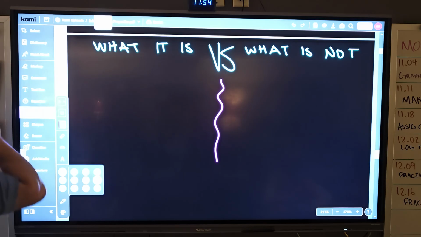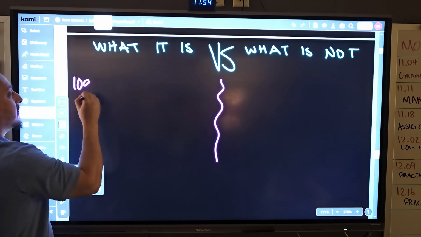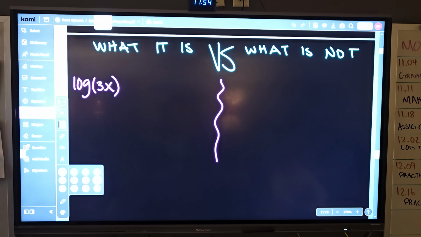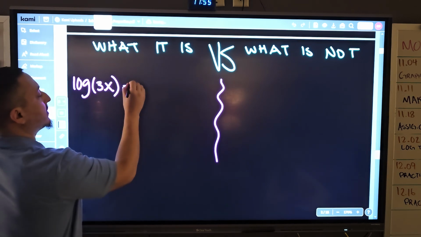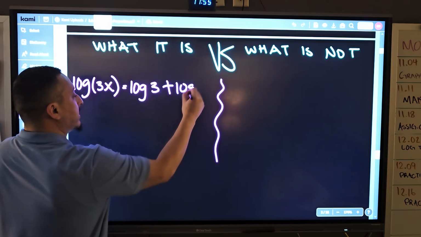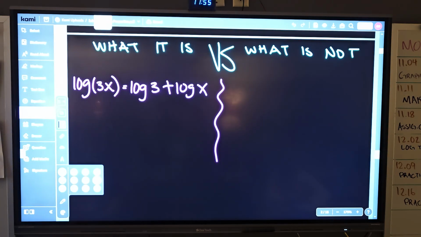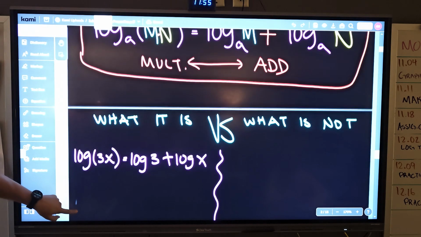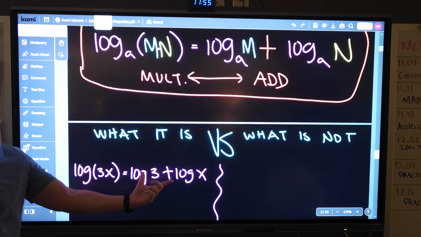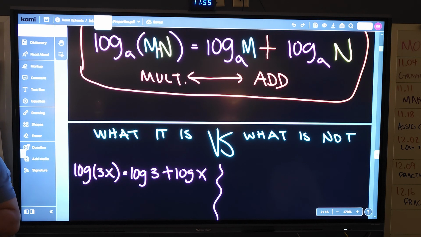For example, if I have the log of 3x, it's 3 times x. I can expand that to say the log of 3 plus the log of x. That looks exactly like this, m times n, plus.